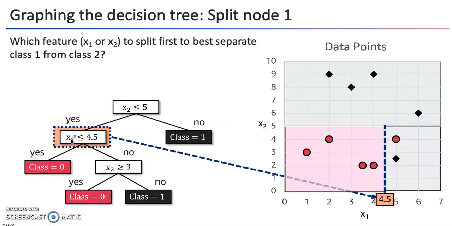So the next step would be to work with the pink region, which has one data point that is not correctly classified.